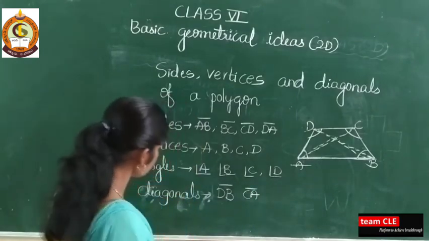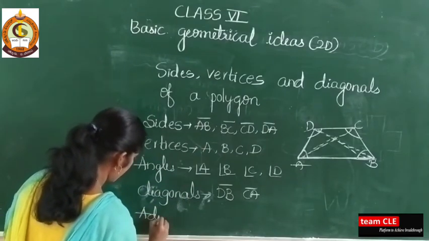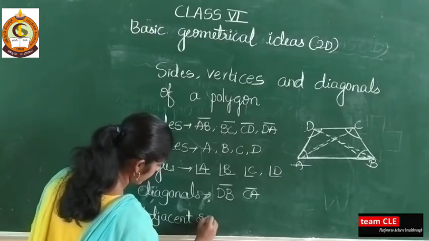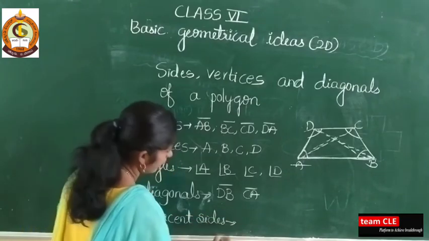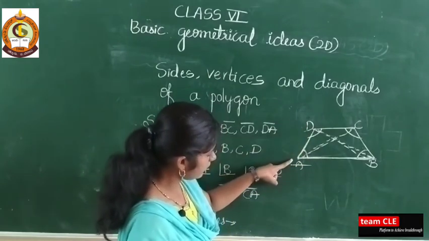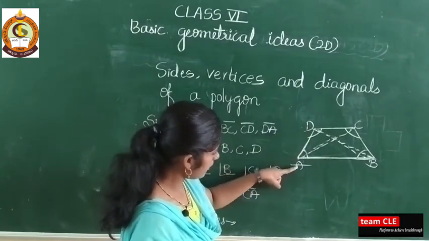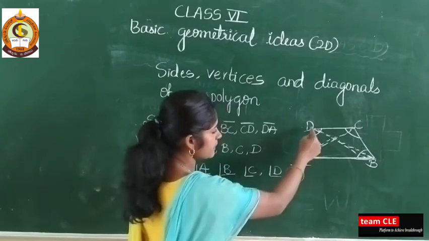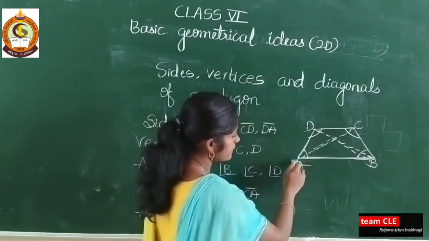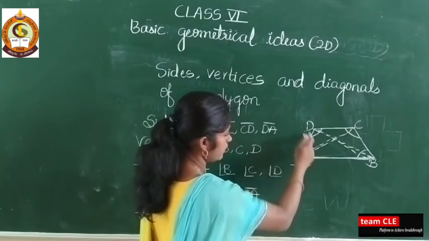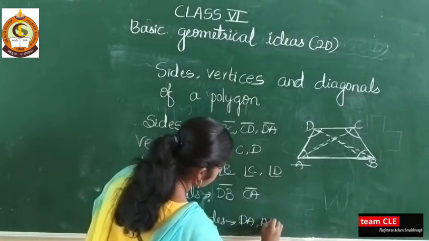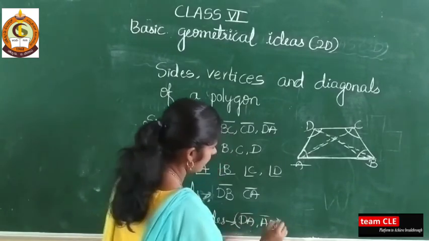Here one more concept will come, and that is adjacent sides. Adjacent sides means, see here, DA and AB. Opposite sides means DA and CB, they are opposite. But DA and AB are side to side. So write here DA, AB, yes, adjacent sides.